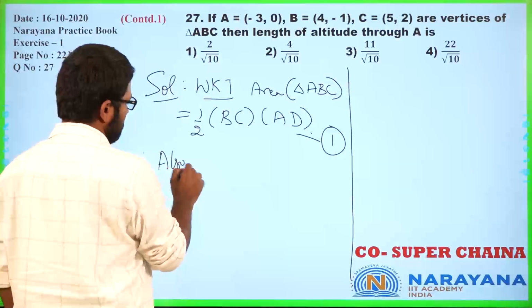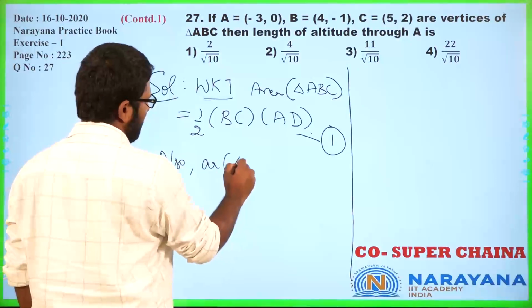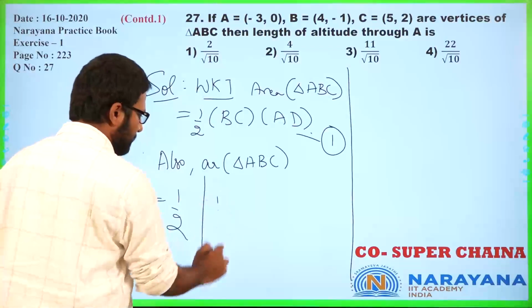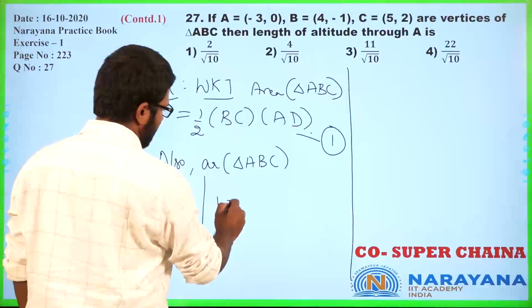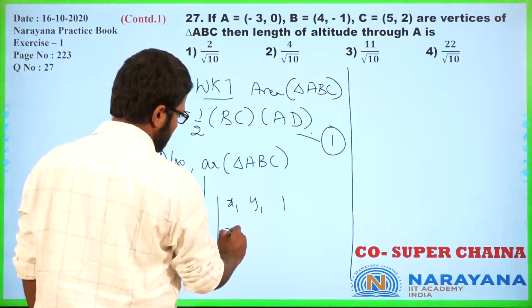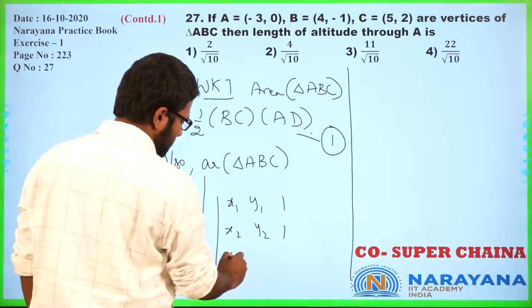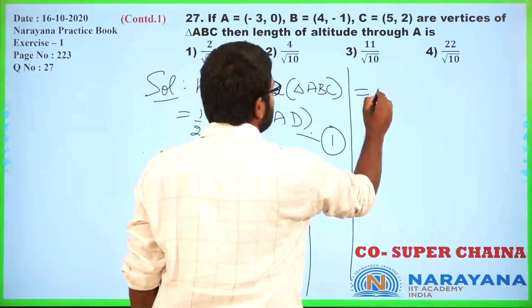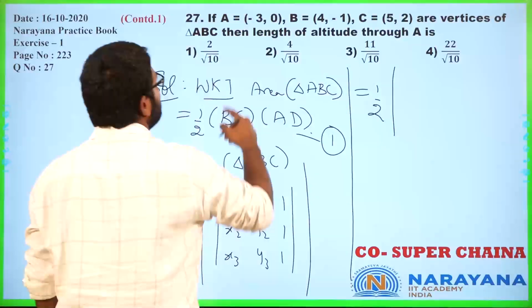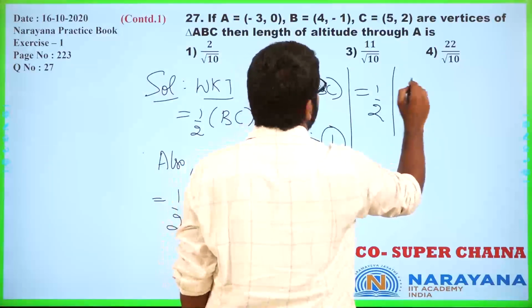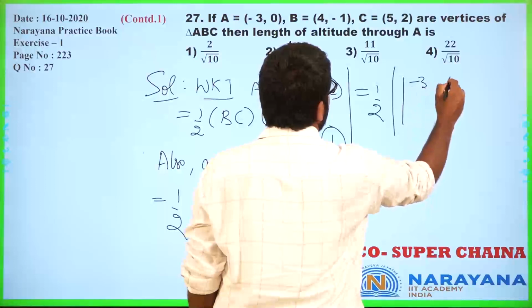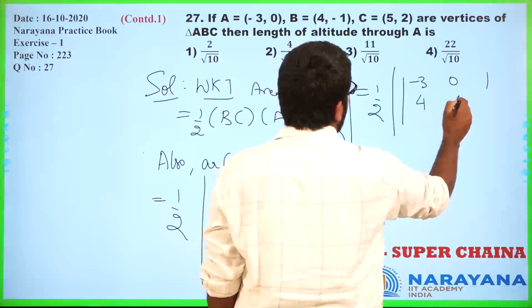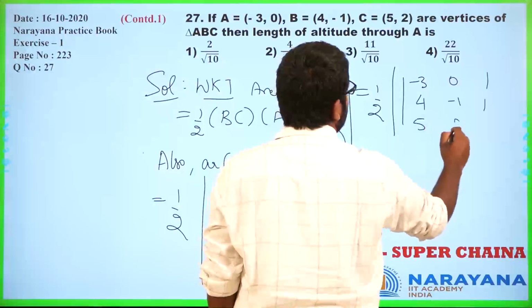Also, area of triangle ABC, area formula is half mod of determinant x1, y1, 1, x2, y2, 1, x3, y3, 1. Which is half of mod of, what is the determinant here? Minus 3, 0, 1. 4, minus 1, 1. 5, 2, 1.